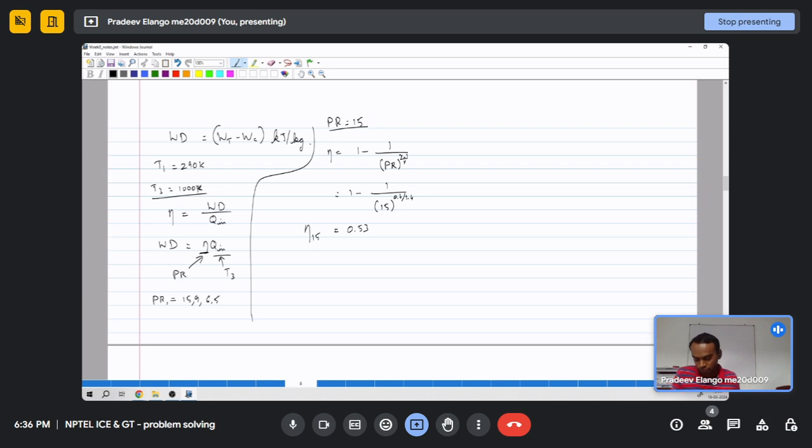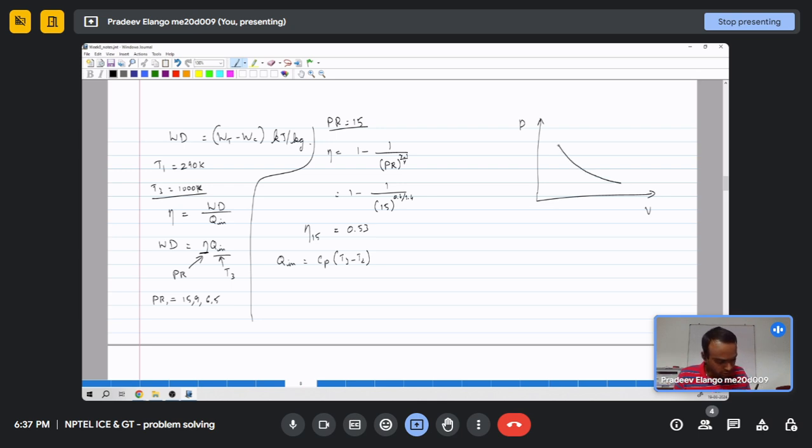So now I need to find Q in. So how can you find Q in? Q in is Cp into delta T. Delta T is T3 minus T2. So I hope you are able to remember what 2 and 3 are now.